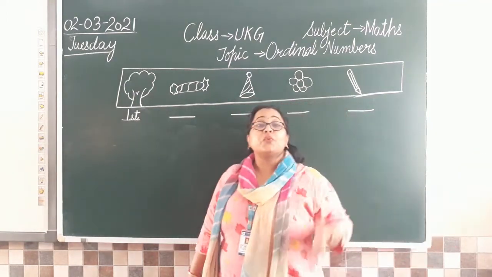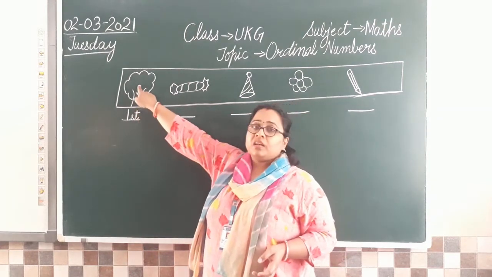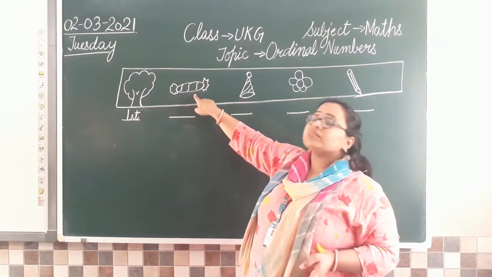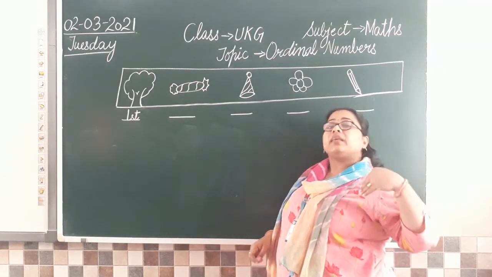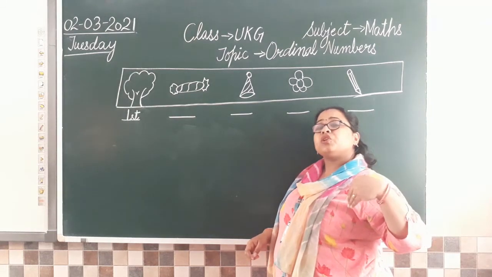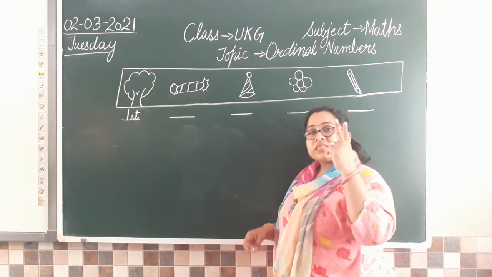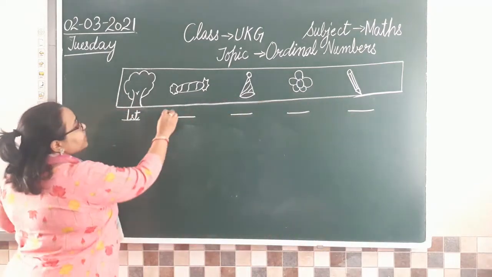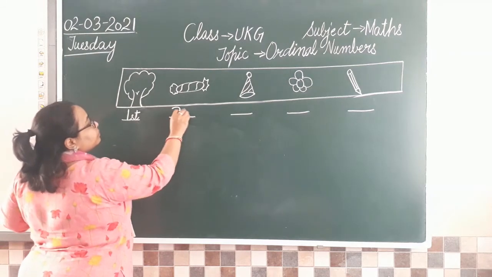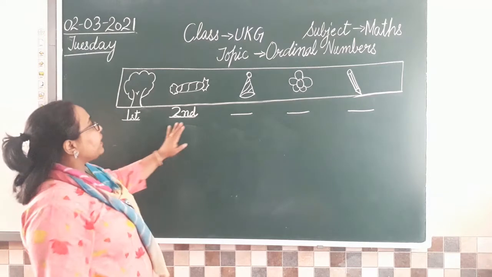Similarly when you go for swings, isn't it? So tree is first. Now can you tell me what is the position of candy? It is after the tree. So what will be the position of candy? Candy will be second. Yes. So we are going to write second here. Like this. Now candy is second.